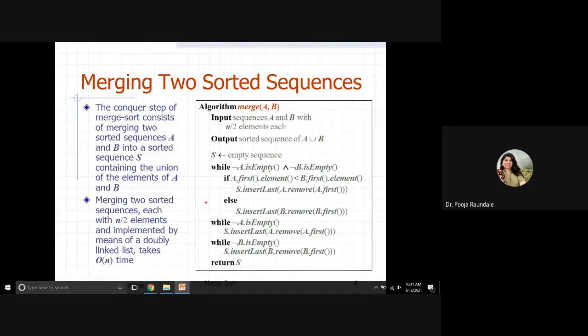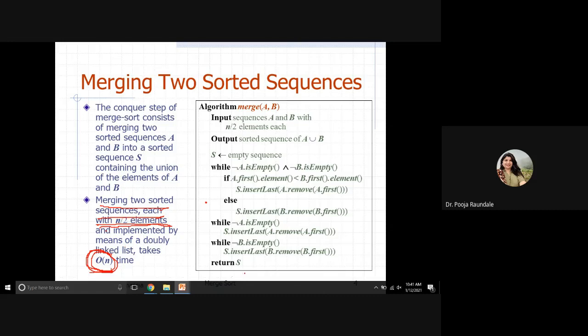So the merging operation is of order n: two sorted sequences of n by 2 become n, and it happens in order n time, right? How? Because we are simply copying the values.